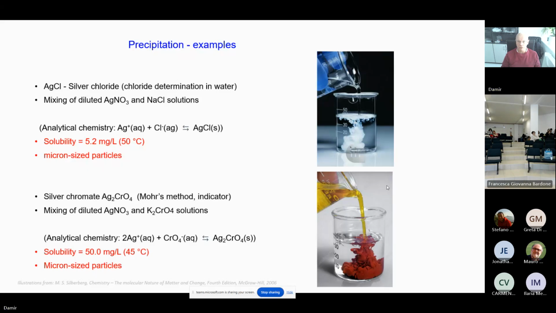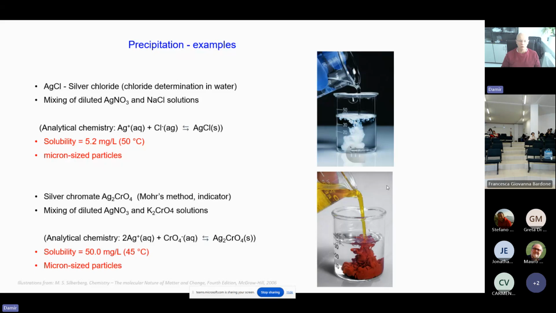The solubility of silver chloride is relatively low. We talk about milligrams, 5.2 milligrams at 50 degrees. As I said before, the crystals are very small. They are micron size.